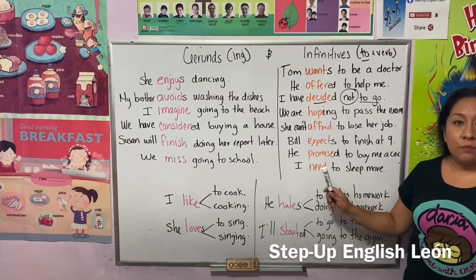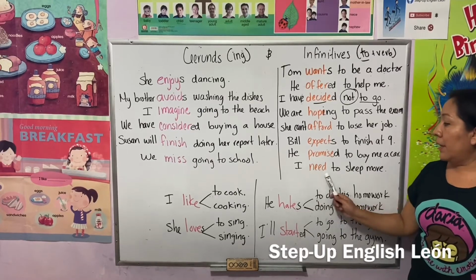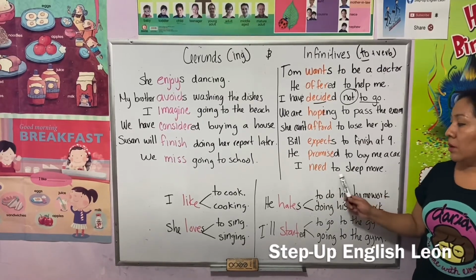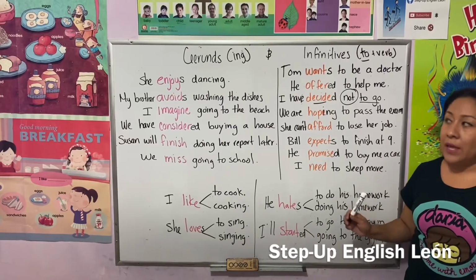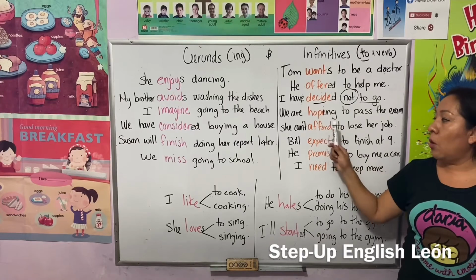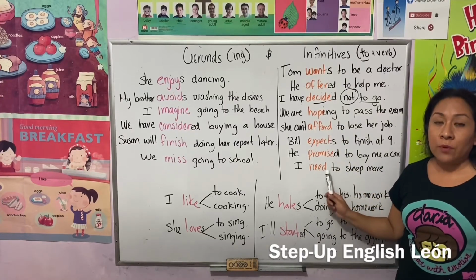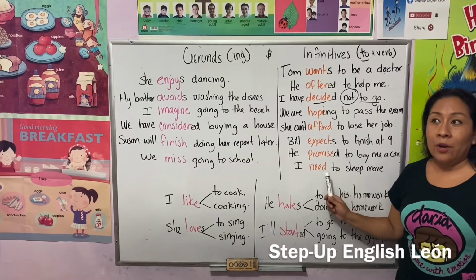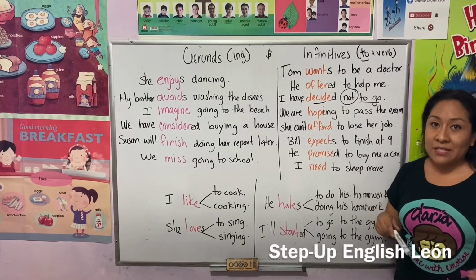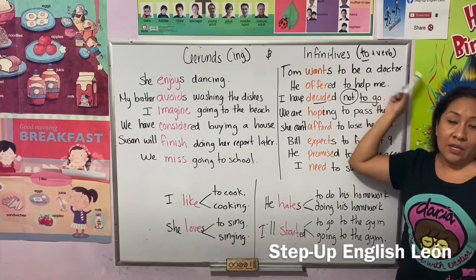"I need to sleep more." I need, present simple, first person. Infinitive. So, if want, offer, decide, hope, afford, expect, promise, or need is your principal verb, no matter what tense you're using it, the second one is always going to be infinitive.